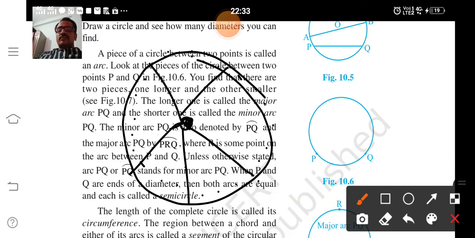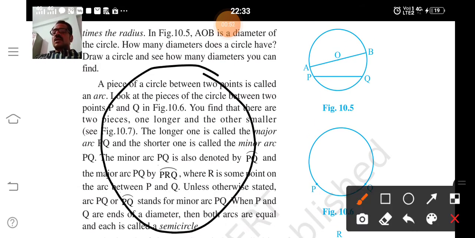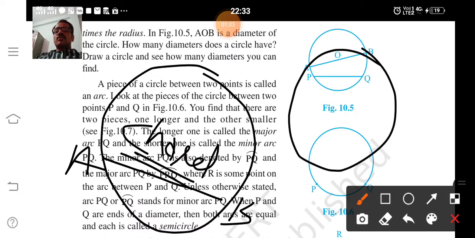Fourth definition: a line segment joining any 2 points of the circle is called a chord, and the longest chord of the circle is the diameter. So the fourth definition is chord.